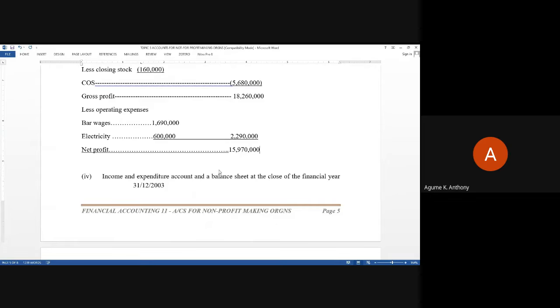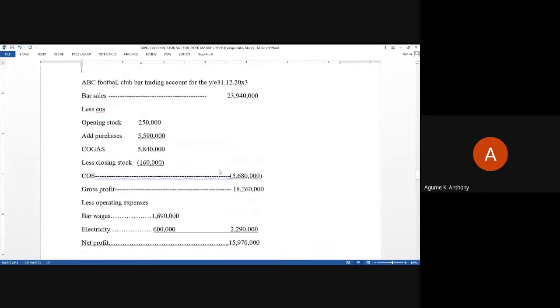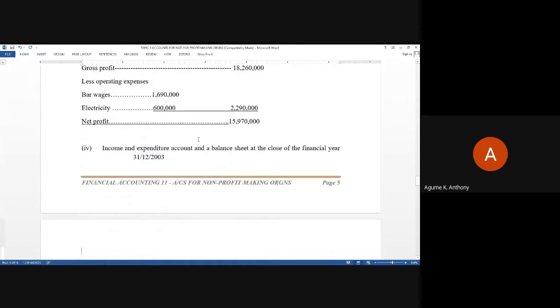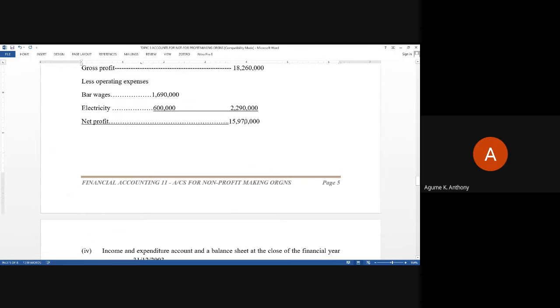That is the profit that you've generated from this bar, which is being run by ABC Football Club. When I'm preparing my income and expenditure statement, this profit is going to be taken as an income. If it is a loss, of course, I would have charged it in the operating expenses. If it is a profit, it will appear under the incomes.